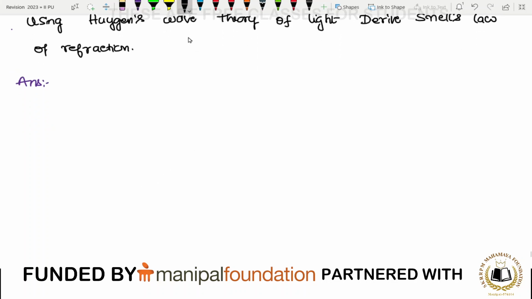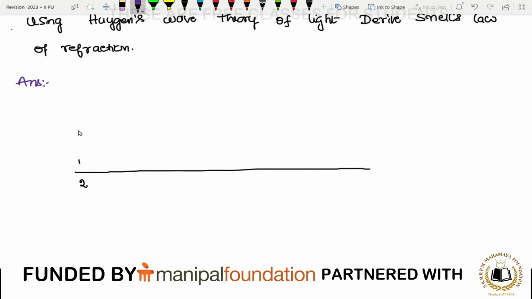Okay, we take now two mediums. One is the rarer medium, the other one is the denser medium. So here is medium 1 and this is medium 2. So the refractive index in this medium, how much here? We'll write it as N1 and here is N2.